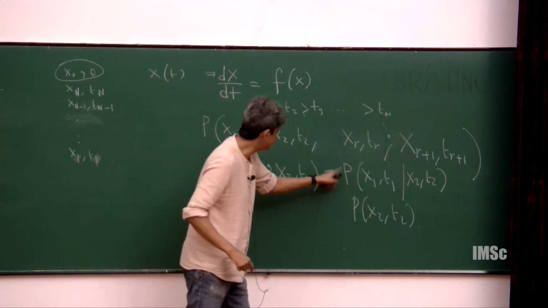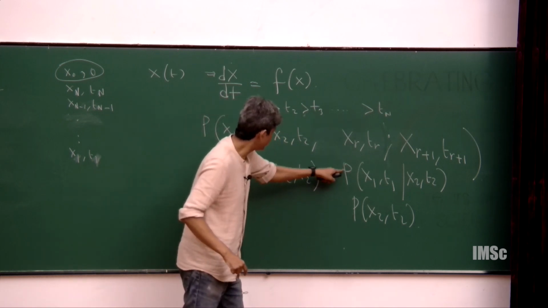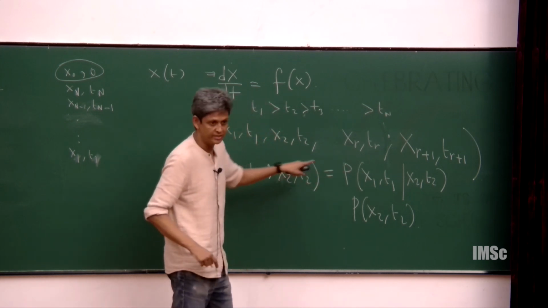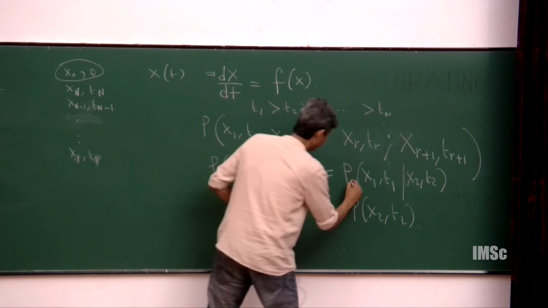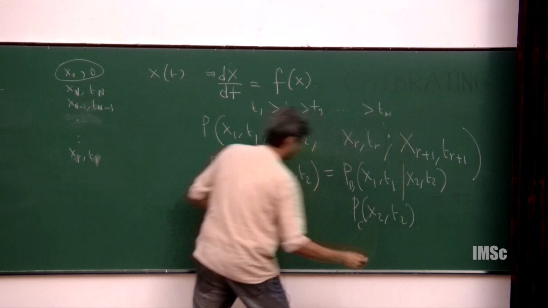By the way, I am using the same notation for these probabilities. These are different probabilities for each of these. In principle, you can use different notation.